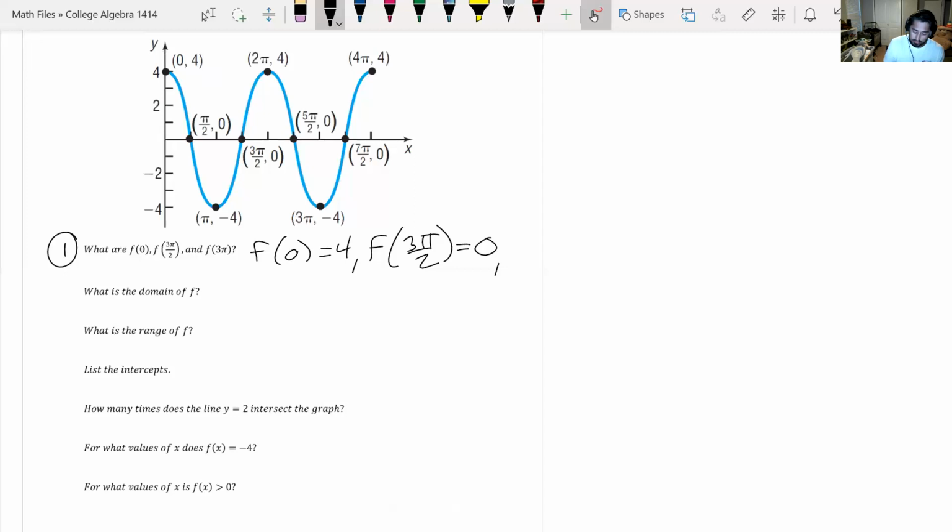When x is 3 pi, which is down here, y is -4.